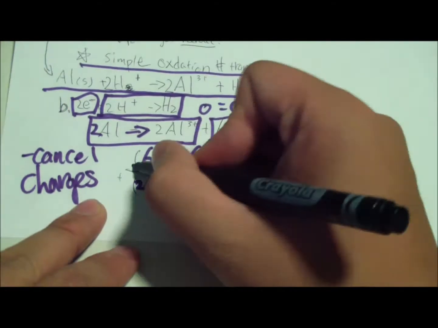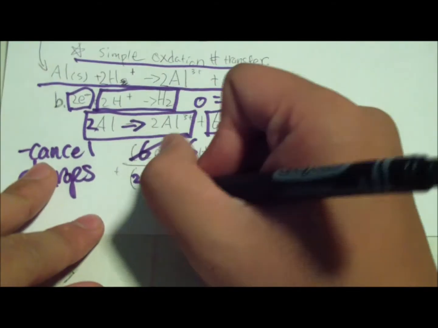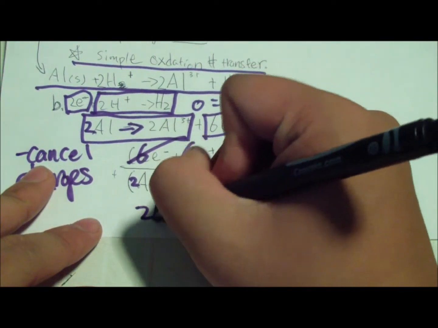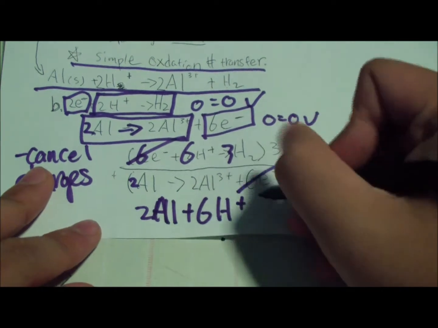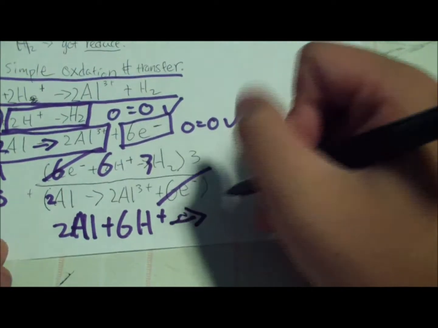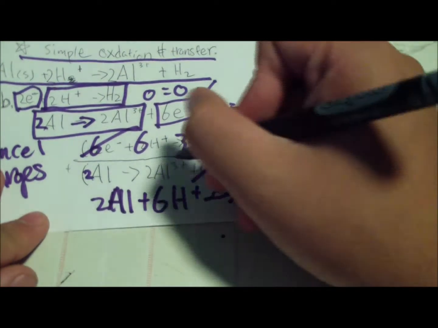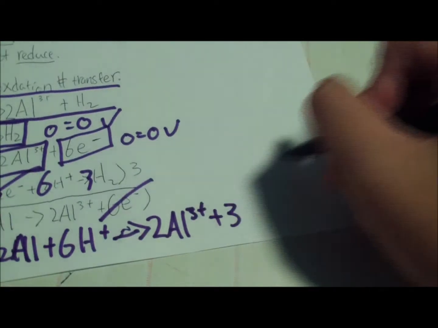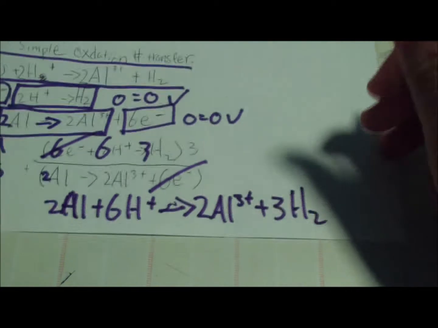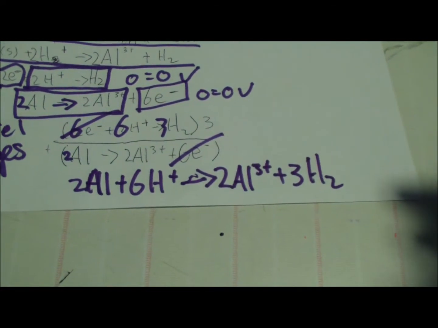So 6 cancels 6. I'm left with 2Al plus 6H pluses goes to 2Al3 plus 3H2. Okay, that's the answer.